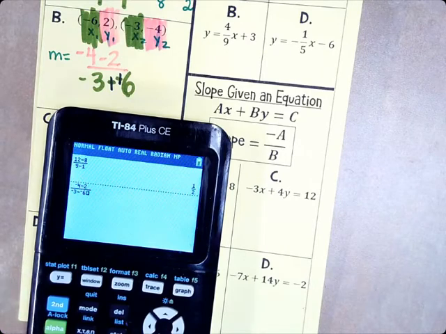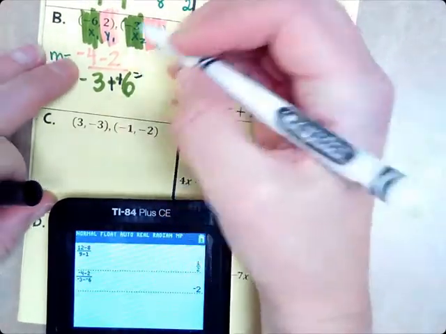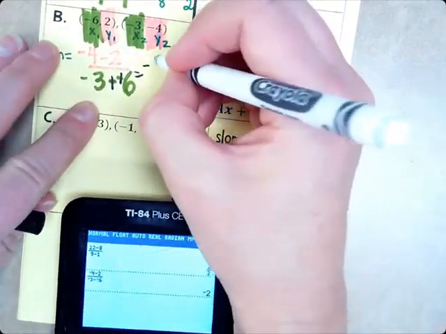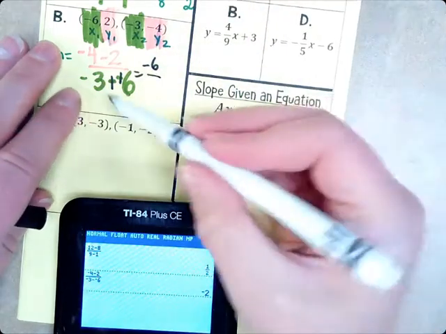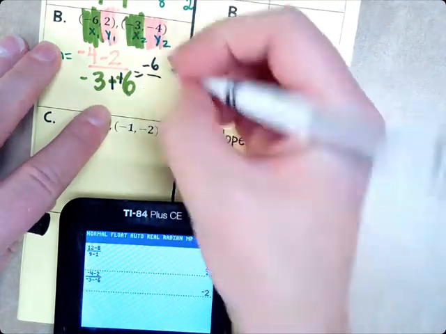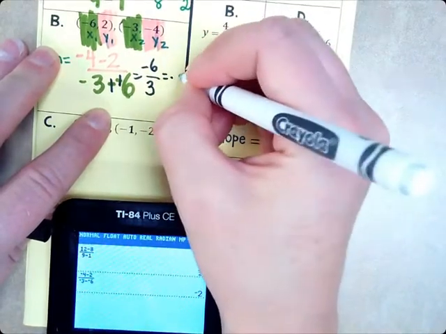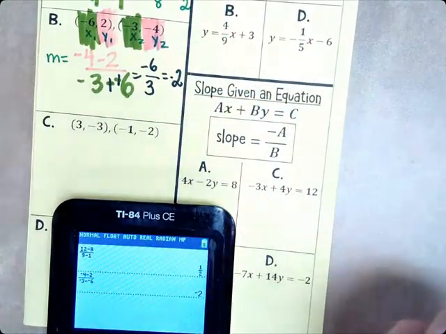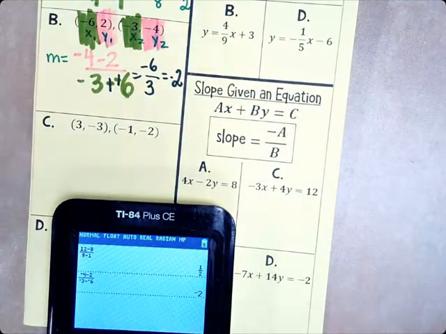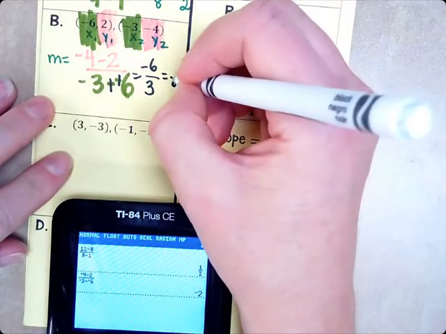Just be real careful not to put in a negative if you change it to plus. You get -2. If I were to work it out by hand, I would have -4 minus 2 is -6, -3 plus 6 is +3, which equals -2. If you want to write it as -2 over 1, that's fine, or just leave it as -2.